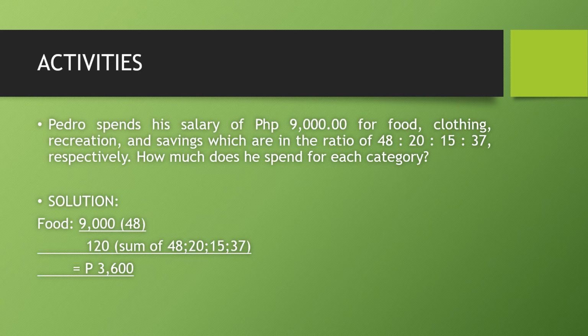Pag nakuha natin yung product ng 9,000 and 48, i-divide naman natin siya sa total ratio, which is 120, and you will get 3,600. Now, it's your turn to find out kung magkano ang sa clothing, recreation, and savings.